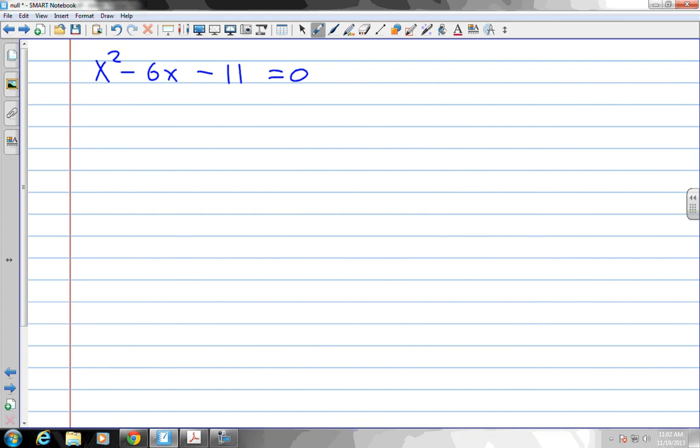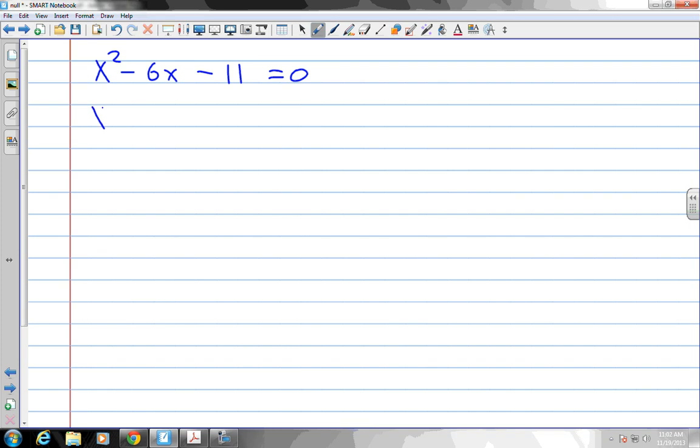Again, the urge is to try and factor, and if you try and factor that, it won't work. You cannot get two numbers to multiply to negative 11 and add to negative 6, right? That just doesn't work. So again, we're going to have to complete the square.